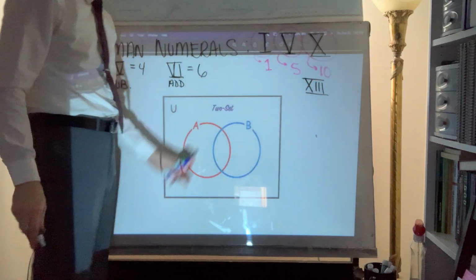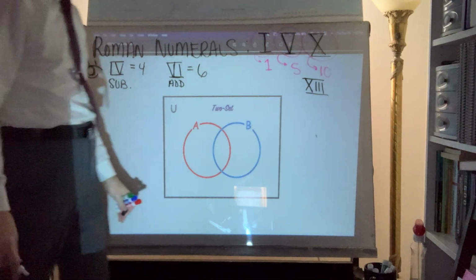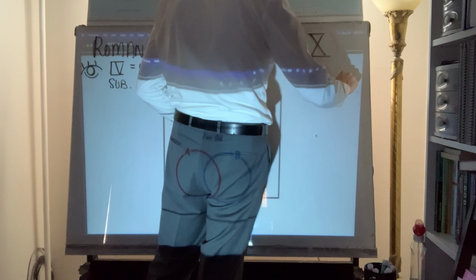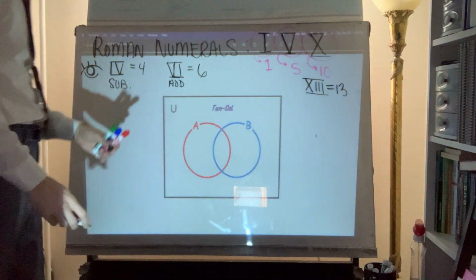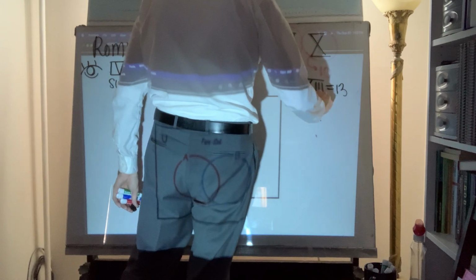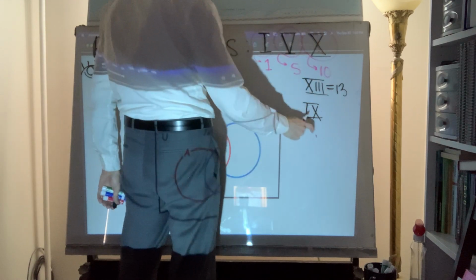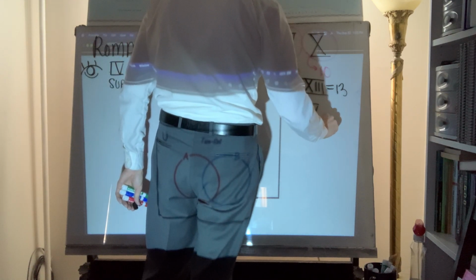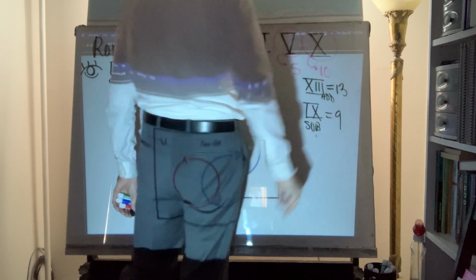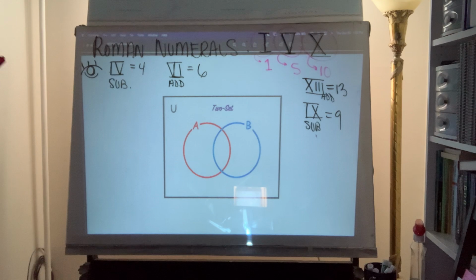That would be the limit in terms of a Venn diagram. It would be 10 plus 3, which is 13. If you were to see an I before an X, again, smaller before larger means that you subtract. That means you get 9.